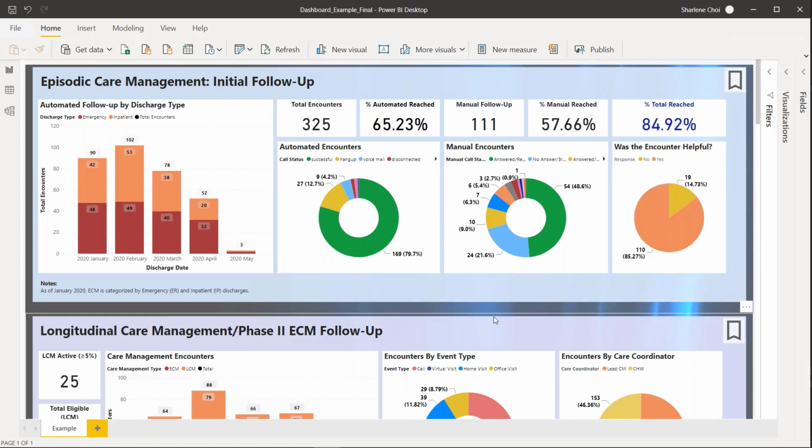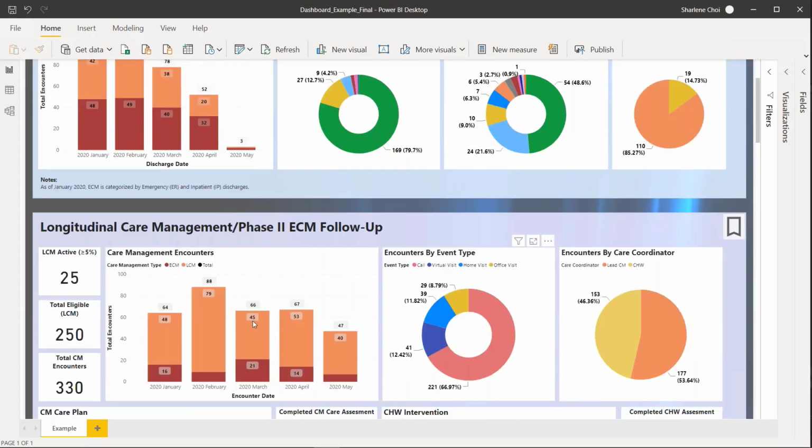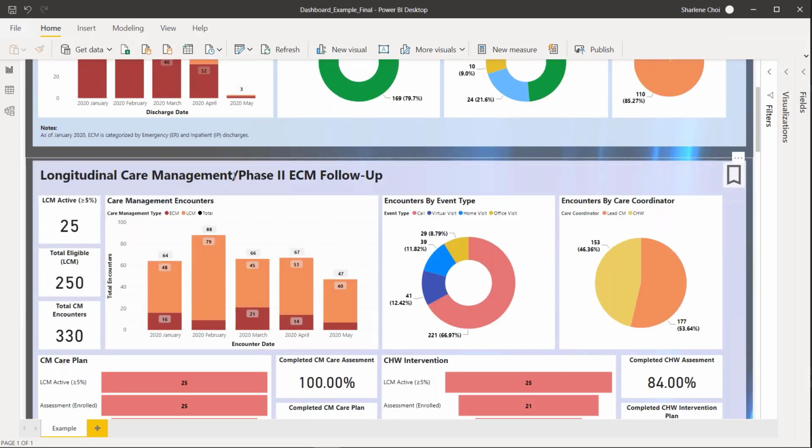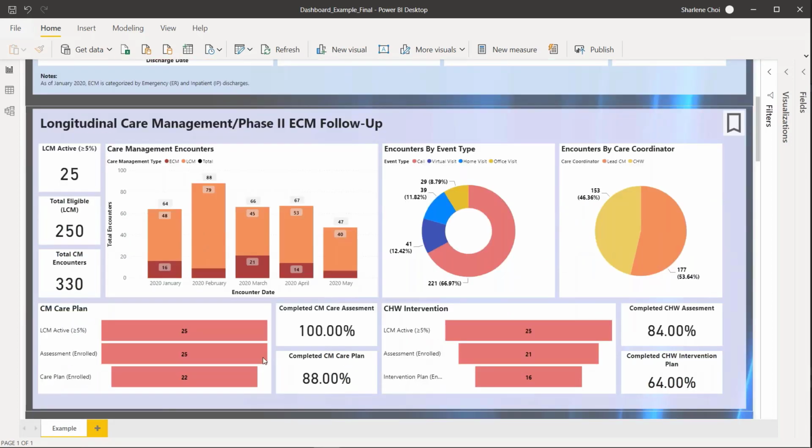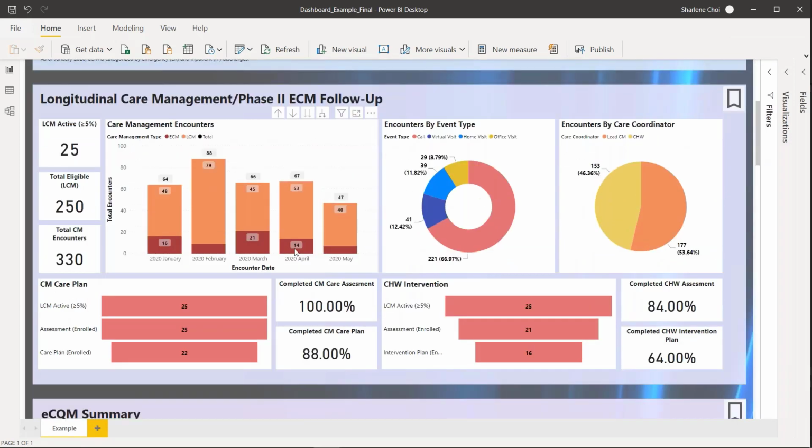The next segment is the longitudinal care management and phase 2 episodic care management follow-up segment. This section actually relates directly to the key requirement of providing longitudinal care management for at least 5% of your attributed high-risk beneficiaries.